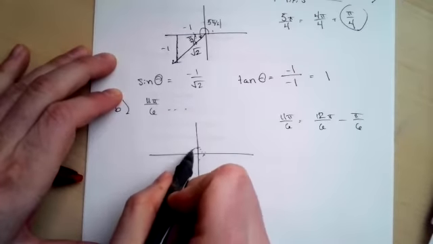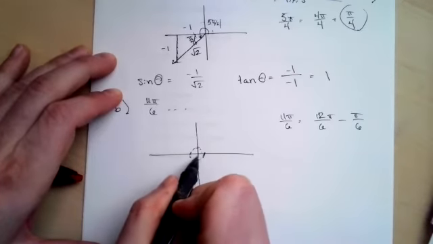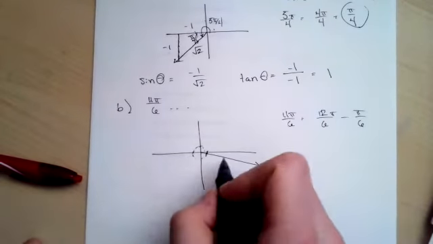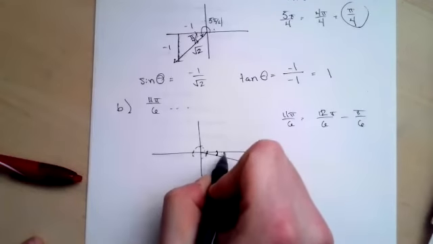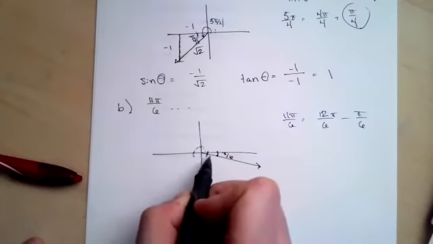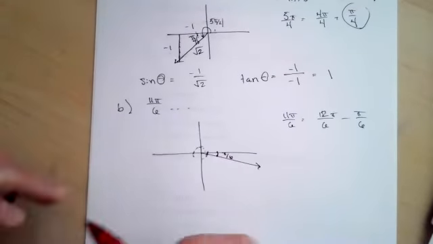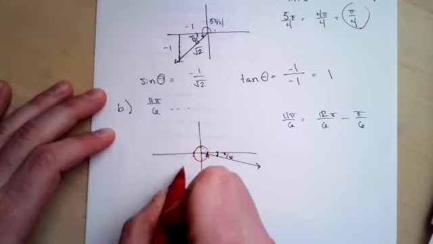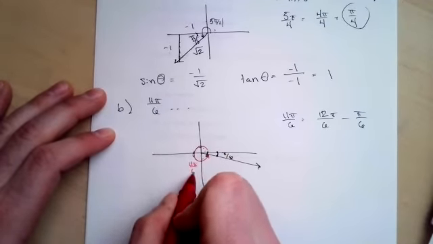That means if we go all the way around and then backwards, so a negative angle just means we're going around the opposite direction. So we're going around clockwise with negative angle. So this angle here is just going to be a pi over 6 angle. And then our angle all the way here is our 11 pi over 6.